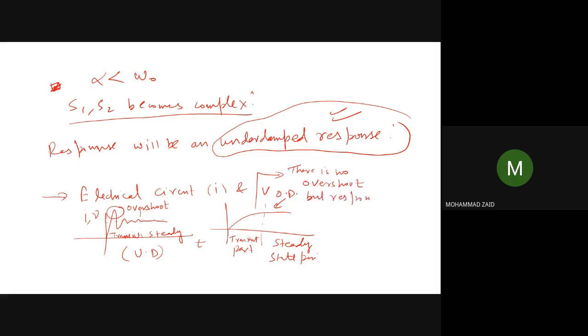the response is sluggish. What do you mean by sluggish? Sluggish means it is reaching the final value after a long period of time. That means it is starting from here and then reaching the final steady state value. Whereas in the underdamped response, you may get an overshoot, but quickly you can move towards the steady state part.